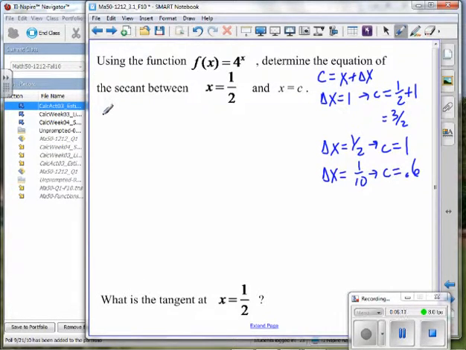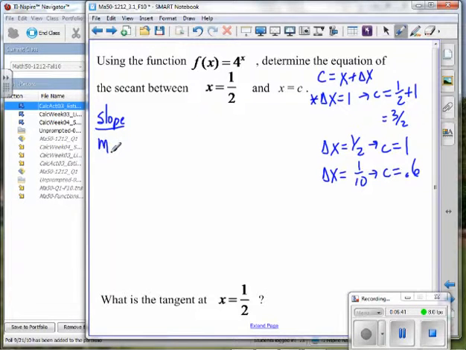So we need to know what is the slope of the secant. How are we going to find the slope of the secant? Well, let's decide which one of these we're going to choose. Let's take this one right here with 3/2. Here's what I do, and you're going to want to have some way of distinguishing between slopes of secants and slopes of tangents.